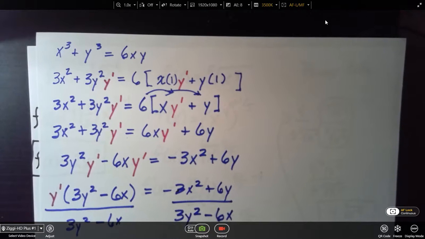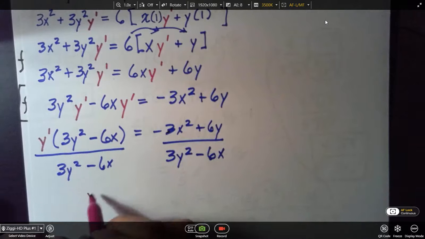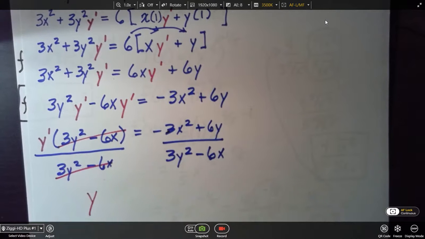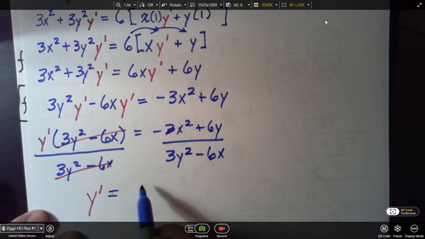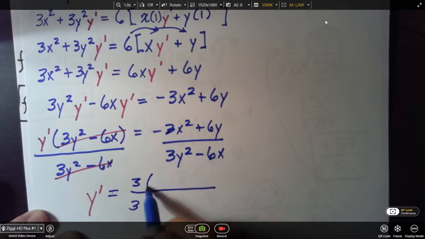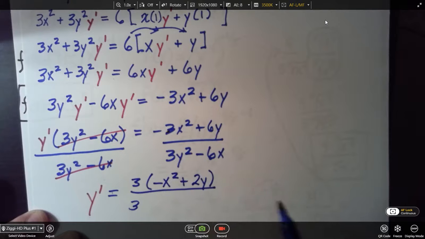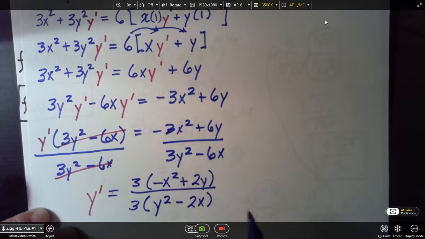So y prime is equal to, I'm going to factor out a 3 here and a 3 here. And that's going to leave you with negative x squared plus 2y, over y squared minus 2x. And the 3's cancel.